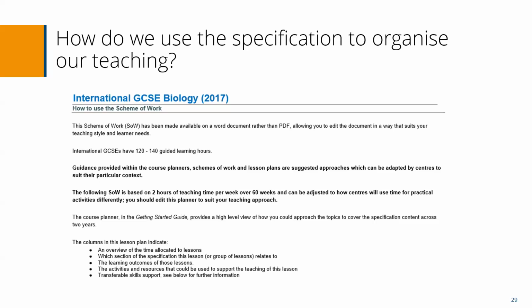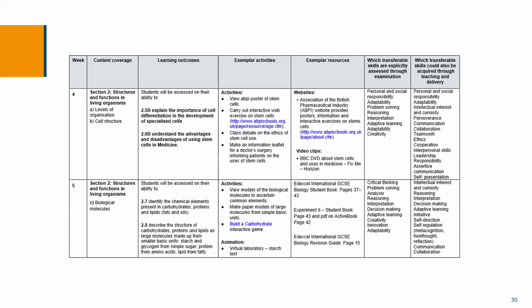There are getting started guides and obviously units like the work we've done today, which will help you with that structure. So as I showed you earlier, here's a sample page of those schemes of work, which, as you can see, gives you the basic spec content, then breaks it down to specific spec points, looks at the sort of things you could do, the exemplar activities with links to various resources, links to the exemplar materials and other resources.